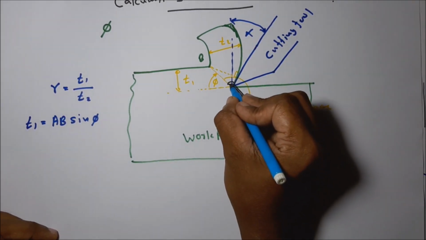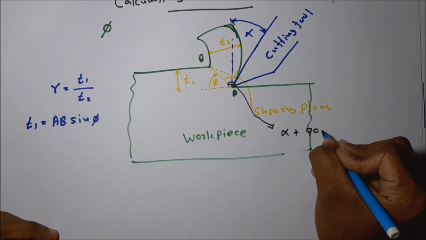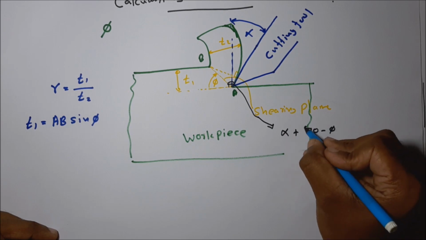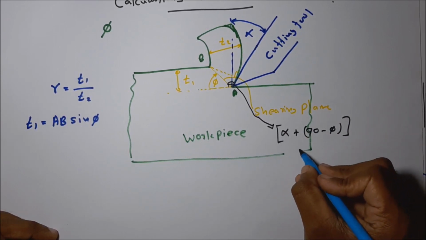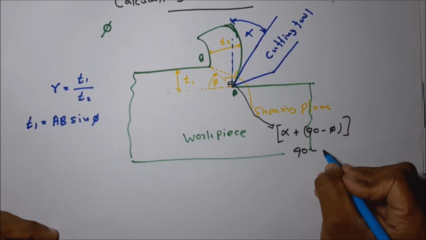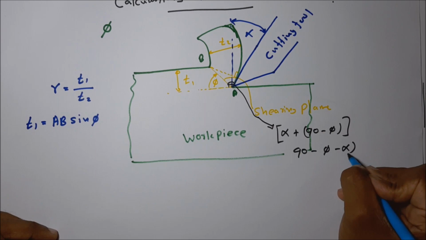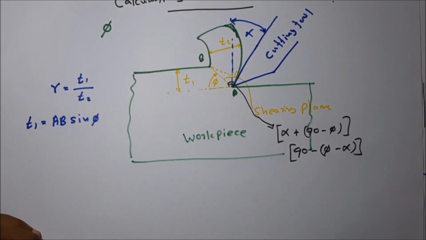This is 90 minus phi. So we can write 90 minus phi minus alpha for this angle.